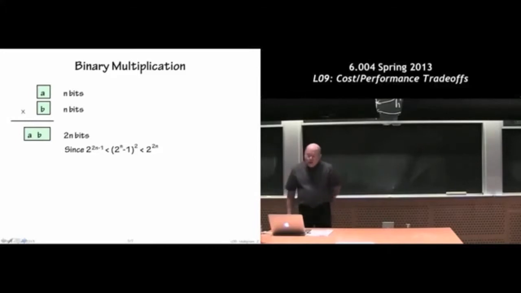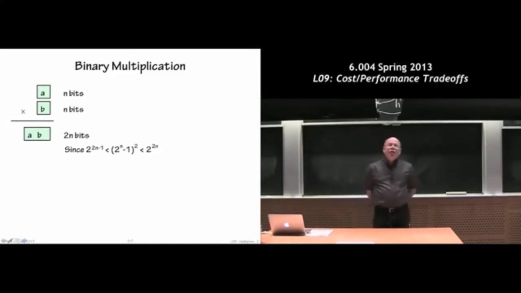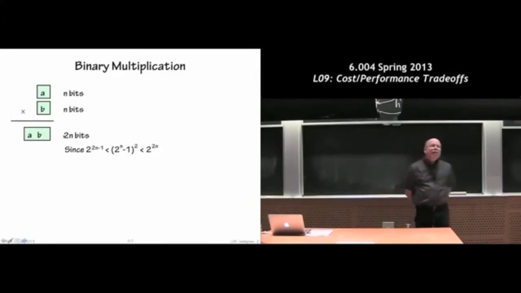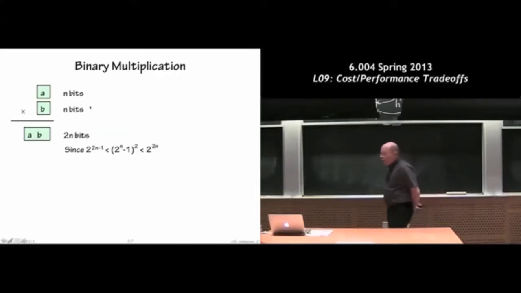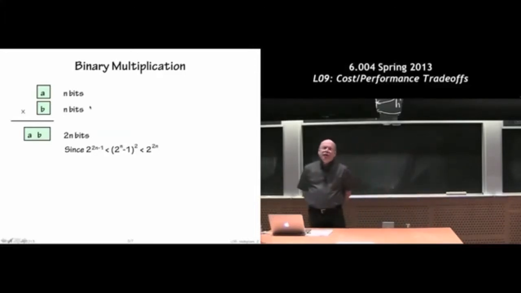Okay, so the problem we're going to work on, as our stalking horse, is binary multiplication. We're going to have two unsigned operands, each of n bits. If we take two n-bit unsigned numbers and multiply them together, we will get a 2n-bit product. In other words, the product will be twice as large as the two operands when the two operands are the same size.